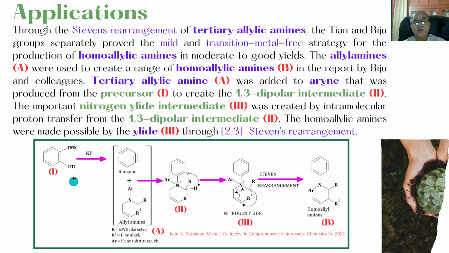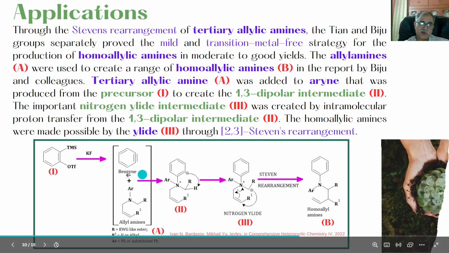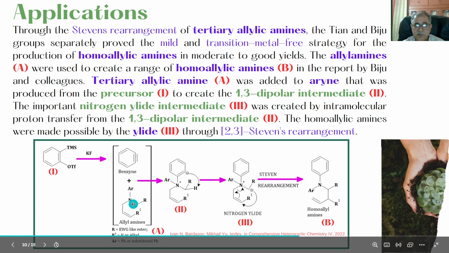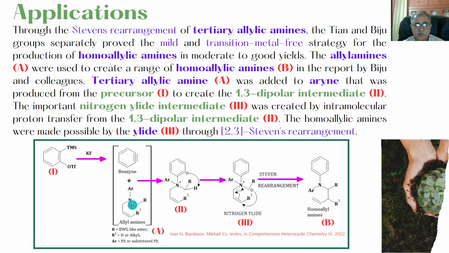ortho-trimethylsilyl triflate benzenes, when they are reacted with KF, we will get benzynes, and these benzynes in situ will react with these allylamines. Now, when this allylamine reacts with benzyne, that means the lone pair present on nitrogen will attack one of the carbons.